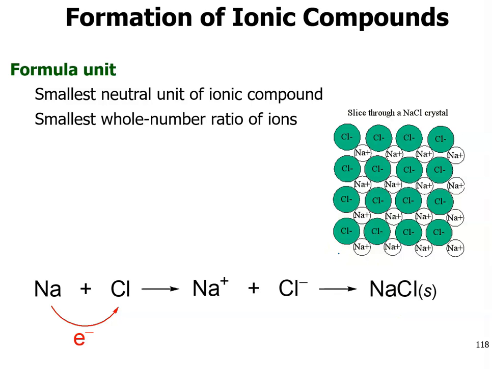So the least number of elements that we can combine to make a neutral compound, that's what I'm talking about with the whole number ratio to neutralize it. Because this is just a plus one and a minus one, a 1-to-1 ratio cancels out that charge to give us a zero charge.